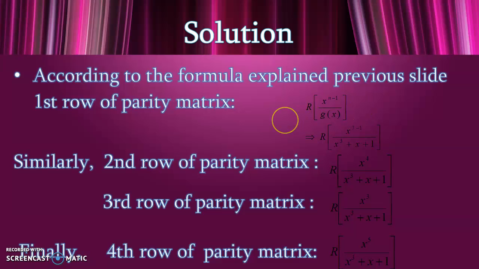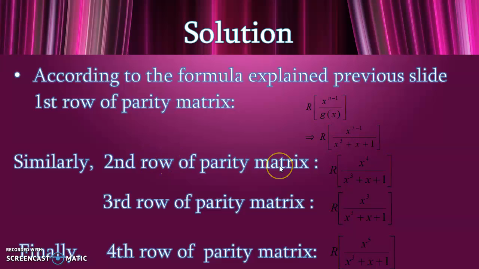The polynomial division we already know; we discussed it in our previous session. Putting the values for n and g(x), we get x to the power 7 minus 1 divided by x cube plus x plus 1. It will be our generator polynomial, which is given in our question. So the remainder of this term will be calculated here.